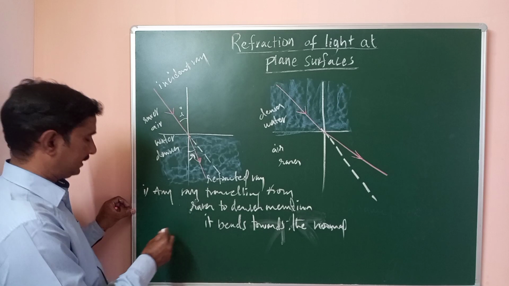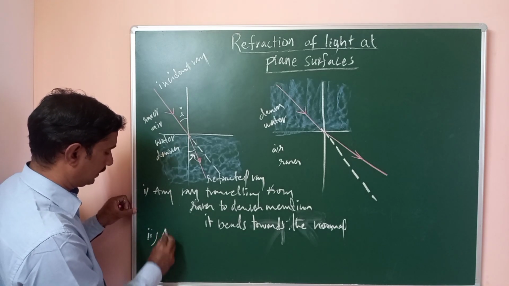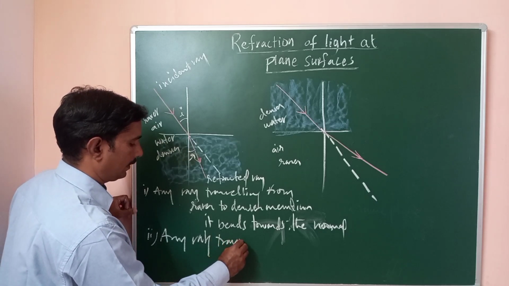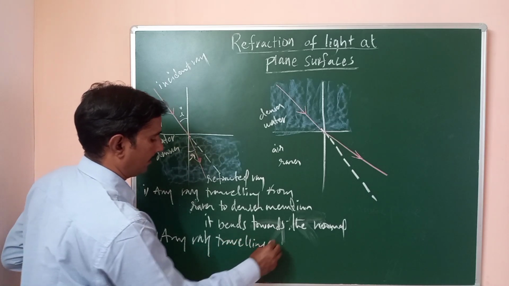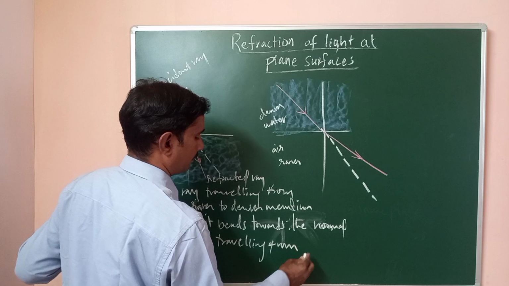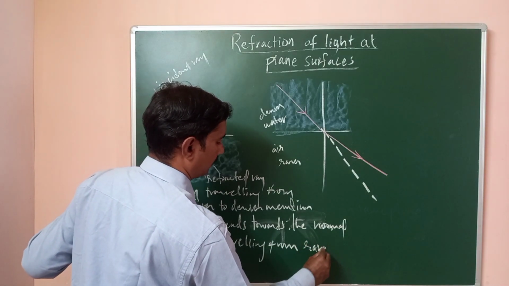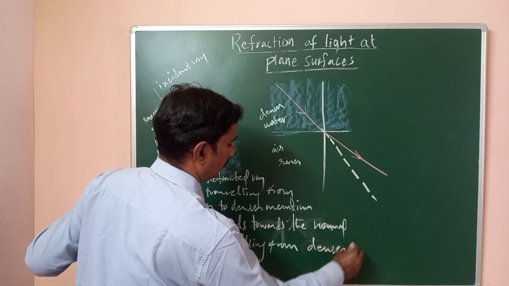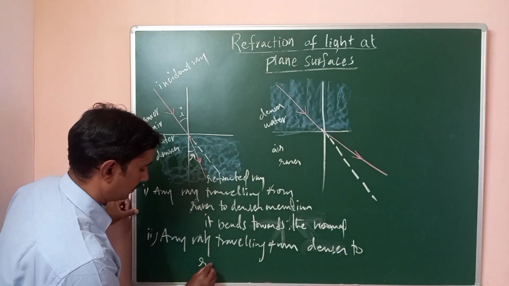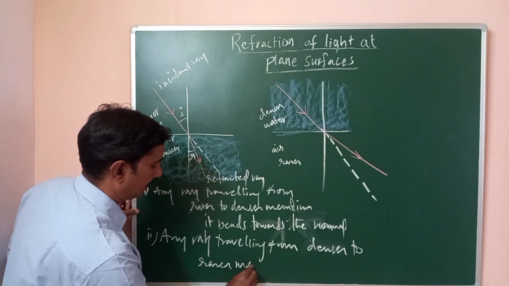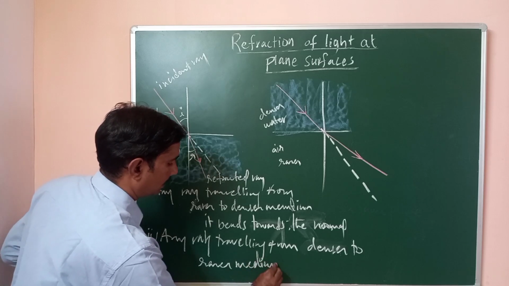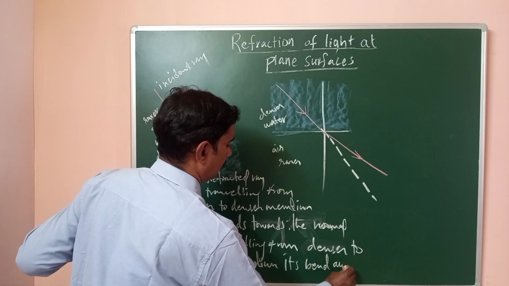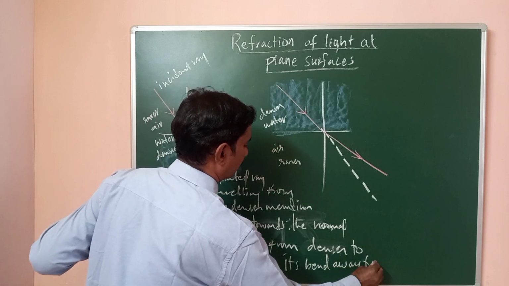And the second point that we need to understand is any ray traveling from denser to rarer medium bends away from the normal.